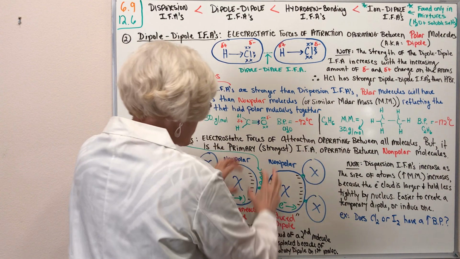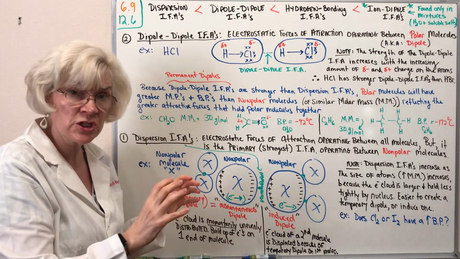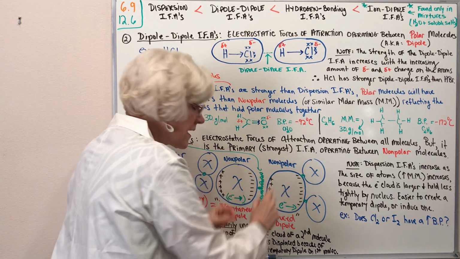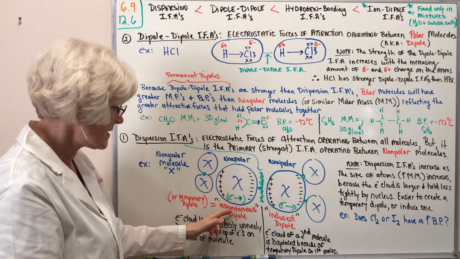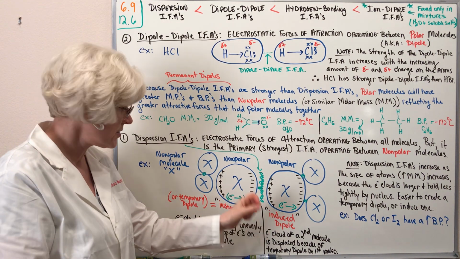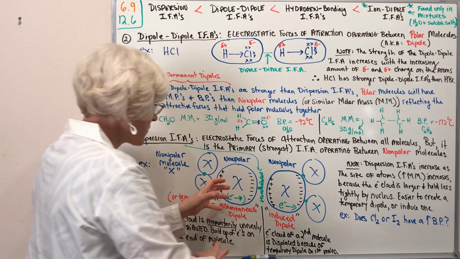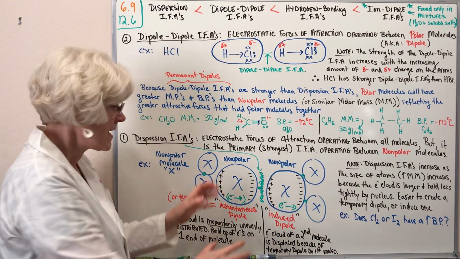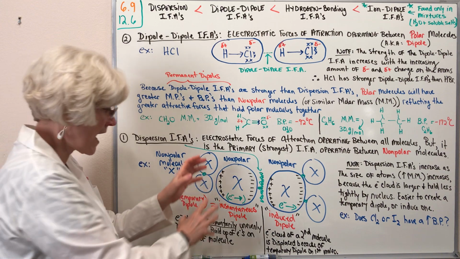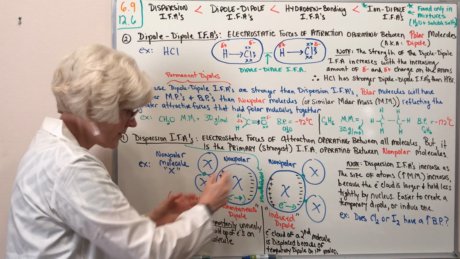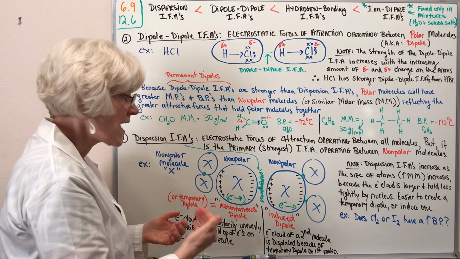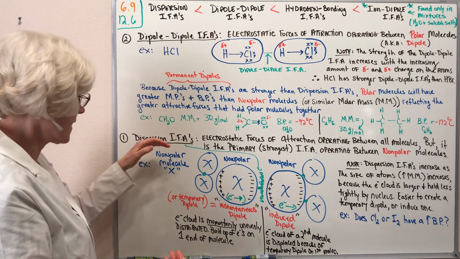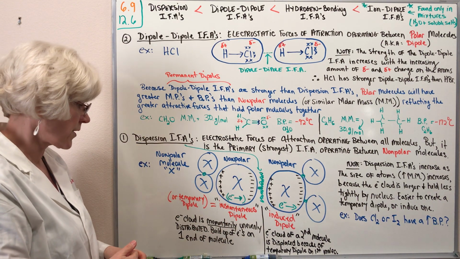So you have multiple rapidly shifting points of attraction as instantaneous dipoles form, induced dipoles on a nearby molecule, but then the whole picture changes and starts all over again in another point of contact in this entire sample of X. So that's the idea behind how dispersion IFAs work.